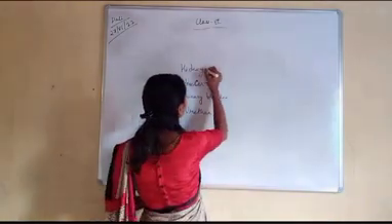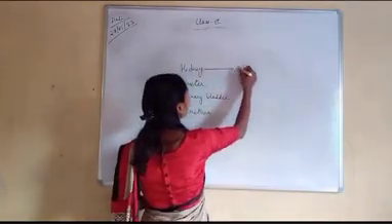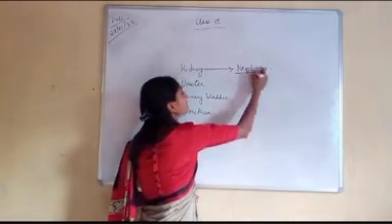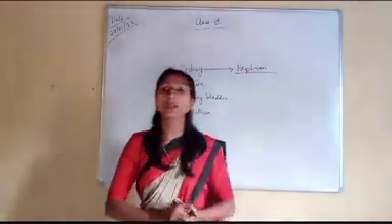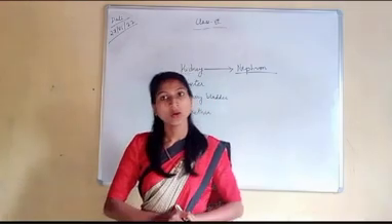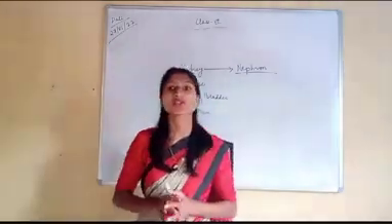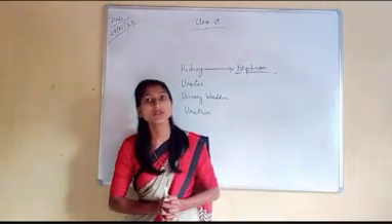So what does this kidney consist of? Nephron, which are the microscopic filtration units. So nephron is the structural and functional unit of kidney.